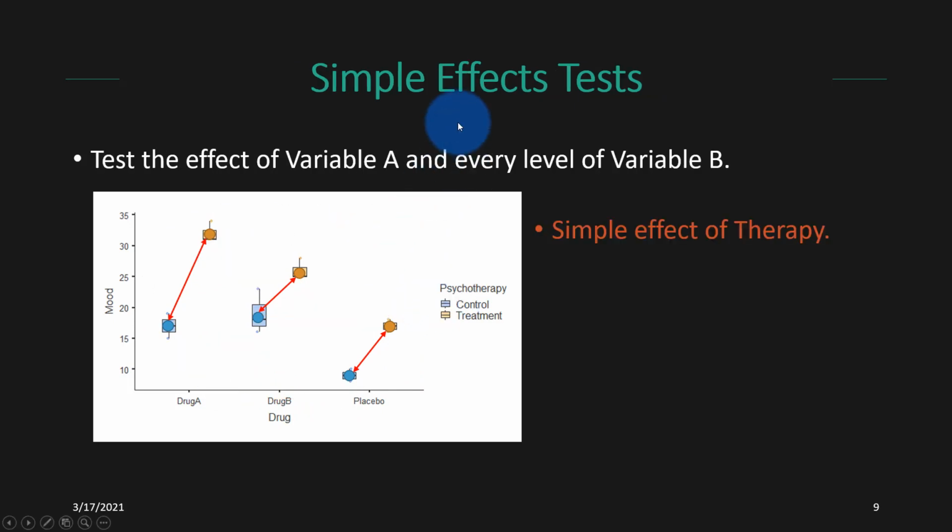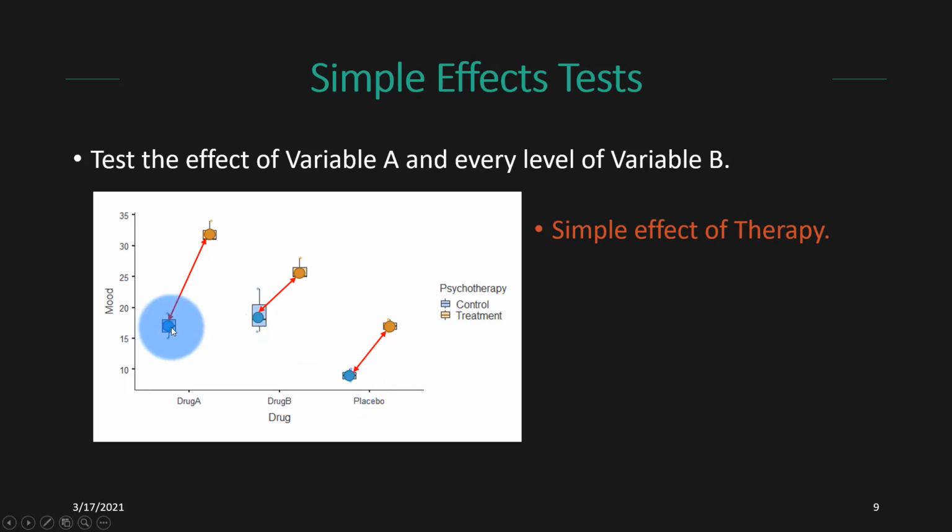So as an alternative strategy, we can conduct a series of what's known as simple effects tests. And the idea of a simple effect is that it's the effect of variable A at a particular level of variable B. So in order to do all the simple effects tests, we have to test variable A at every level of variable B. So for instance, we might want to know, is therapy effective across all levels of the drug variable?